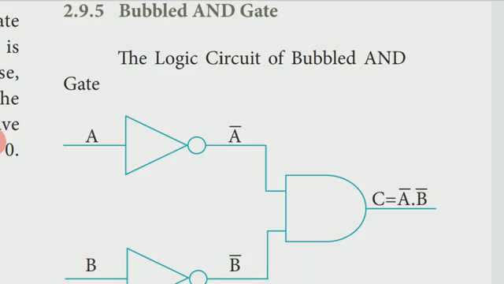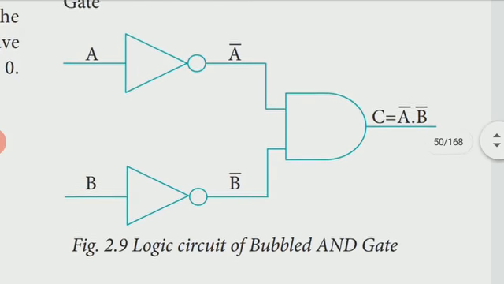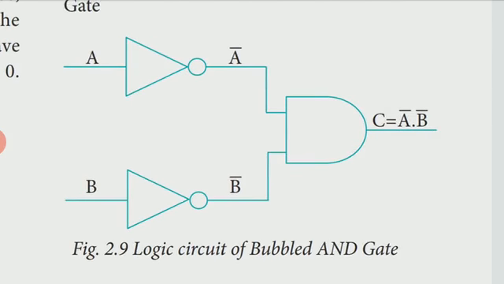That is what they gave in this logic circuit: A complement and B complement become the inputs for the AND gate.